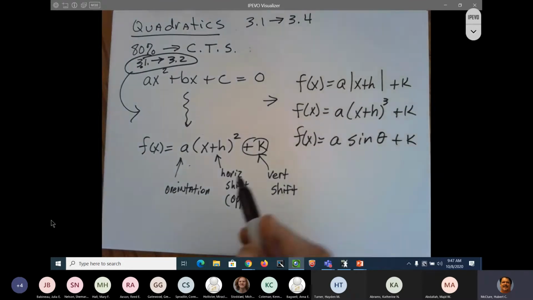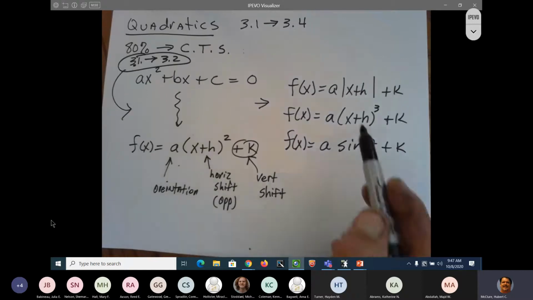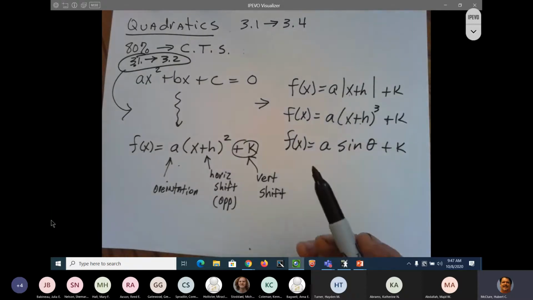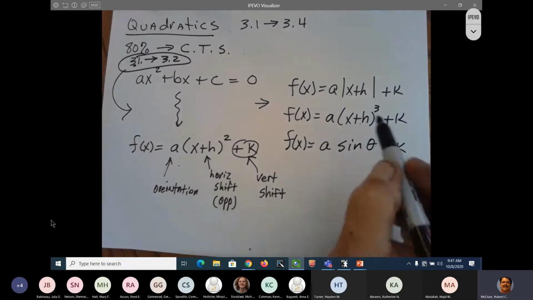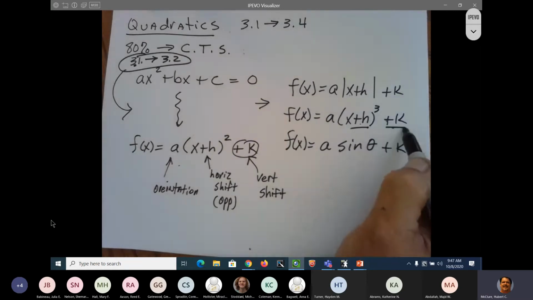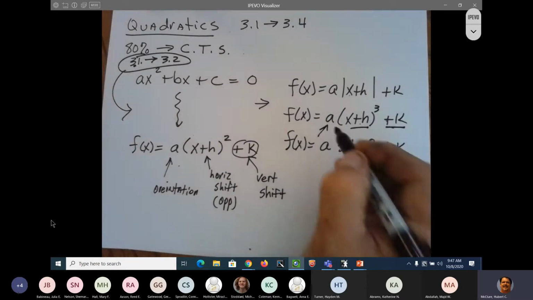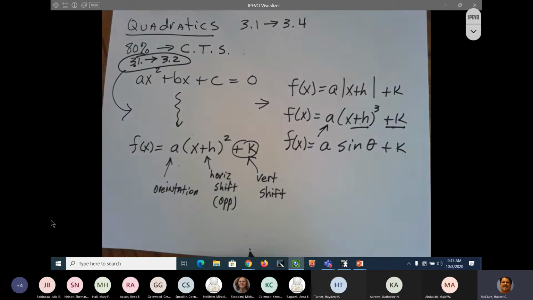So you can apply these 3 things to different functions using the parent graphs and horizontal shift, vertical shift, and compression or concave up, concave down. Here, same thing, orientation.